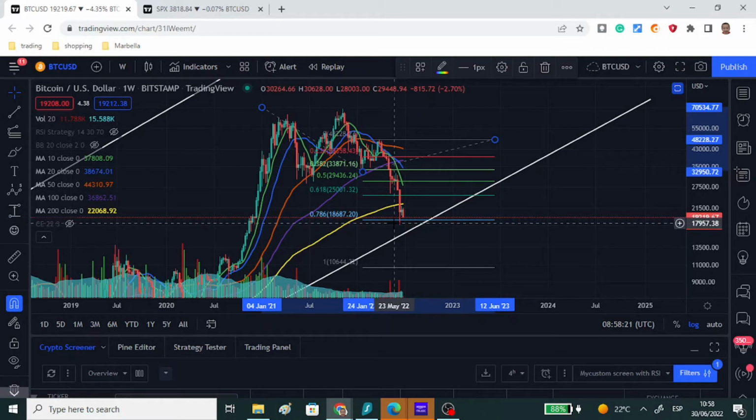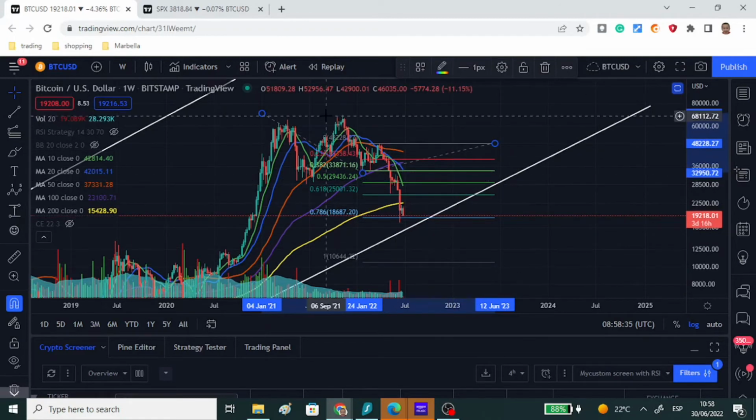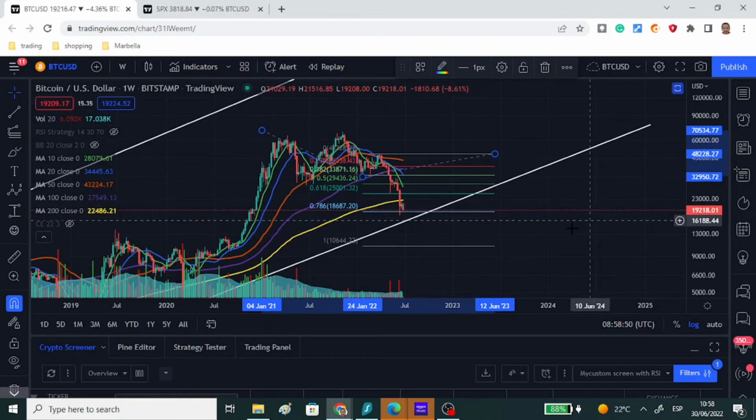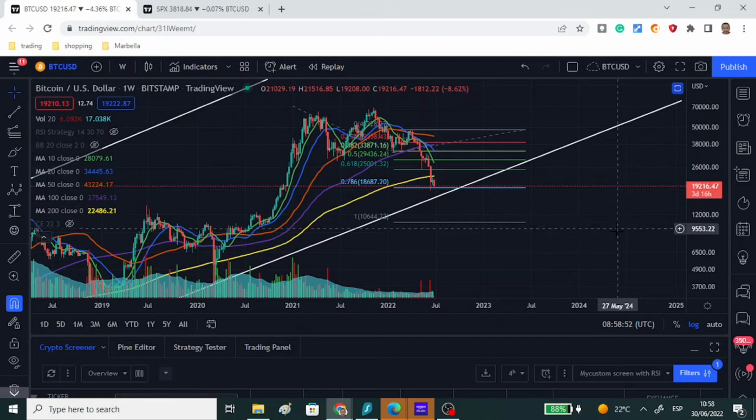For any coins that are really bearish, from my experience, it will bounce around that area. But again, that is a prediction only. So that's something we need to watch out for. If it goes down further, it might break the support line and will go down to the 1 extension. So that's something we would have to really keep an eye on.